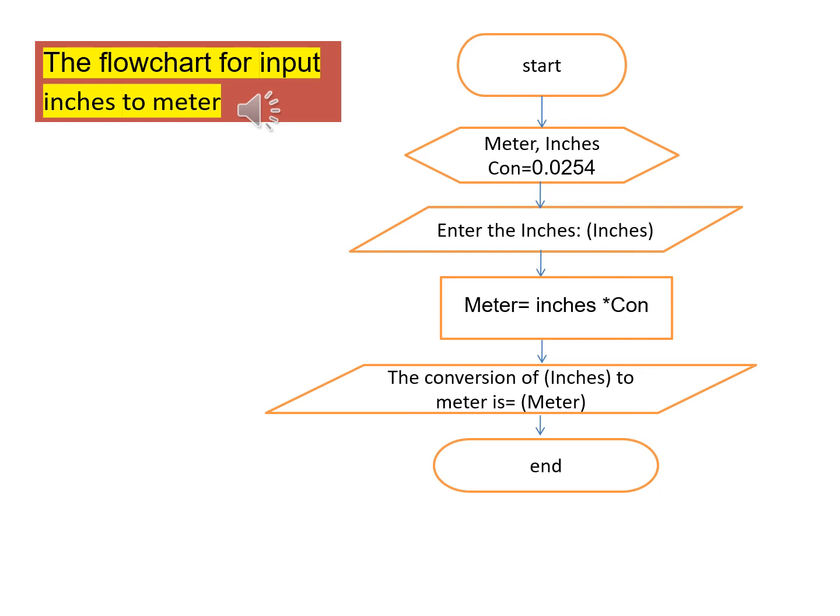Next is to display a message and the input variable. Next is the formula for the conversion, and next is the display message and the result of the computed formula. Last is the end terminal.